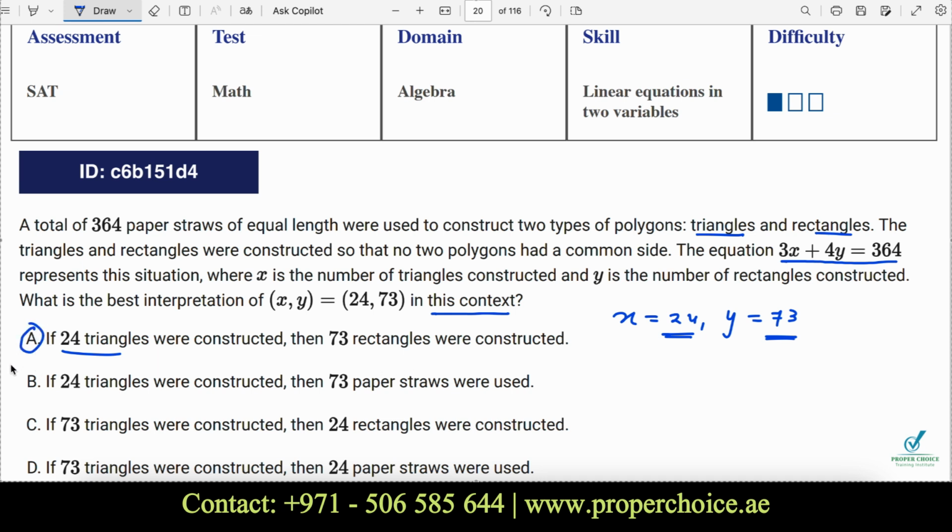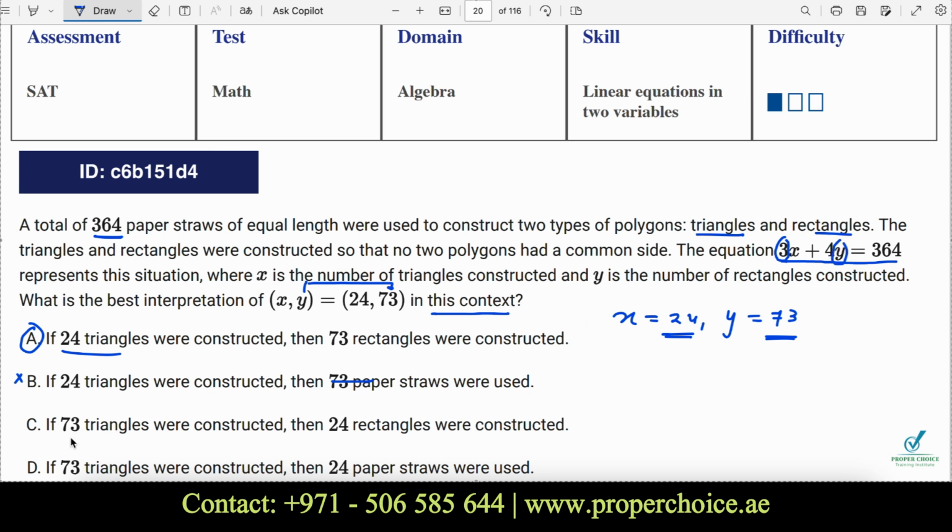If you have any difficulty, you can check with the other options. Here they are saying if 24 triangles were constructed, then 73 paper straws were used, which is wrong. As they clearly said, there are a total of 364 paper straws. So B goes out. If 73 triangles were constructed, because the y value here is 73 and the x value is 24, triangles have three sides, so x should represent triangles, and y should represent rectangles because a rectangle has four sides.